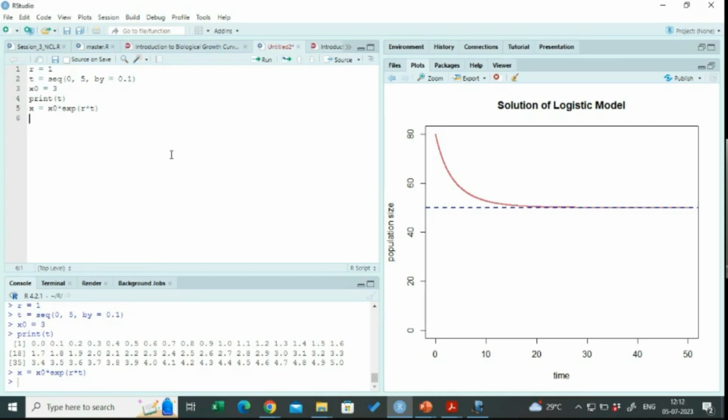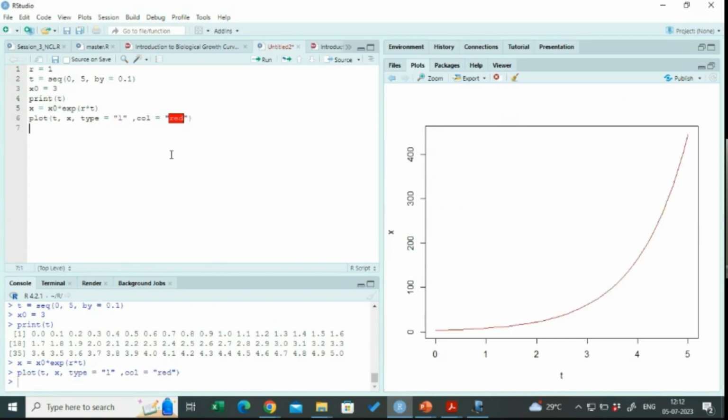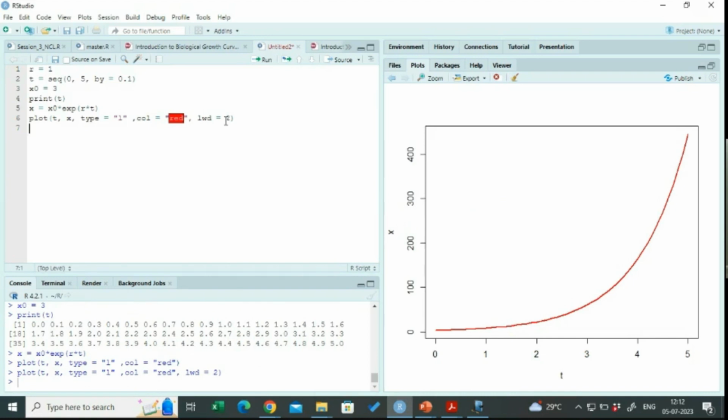If you plot t comma x, with type equal to l and col equal to red, you can give some red color, and line width equal to 2 also. This is basically the exponential growth you are looking at.